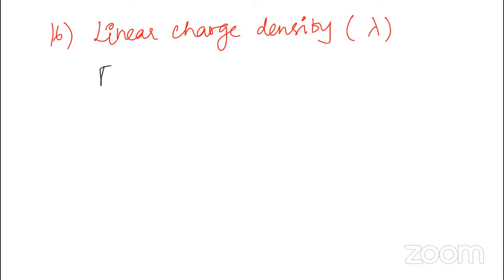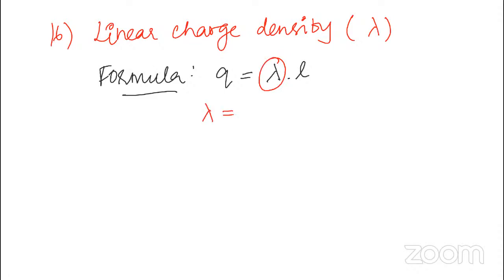Now writing the formula, that is Q is equal to lambda into L. Now we want only the lambda value, so rearrange the formula. Lambda is equal to Q by L. Here Q is nothing but charge, and L is nothing but length. Tell me about the dimensional formula.